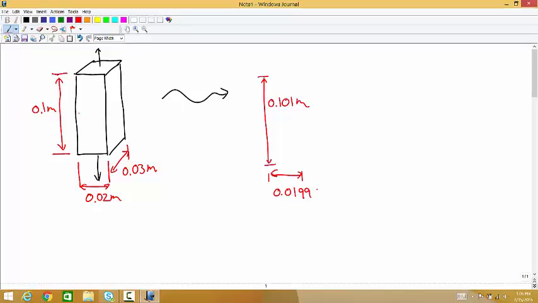Is that enough nines? Let's try it. And then this dimension is going to be something.